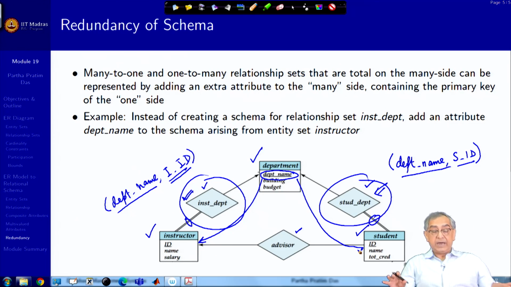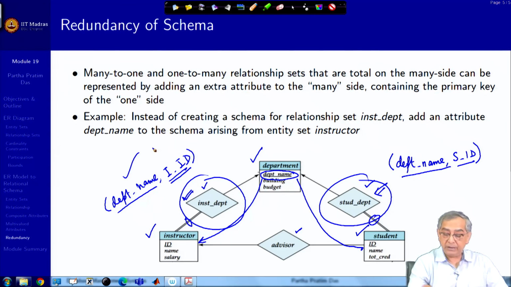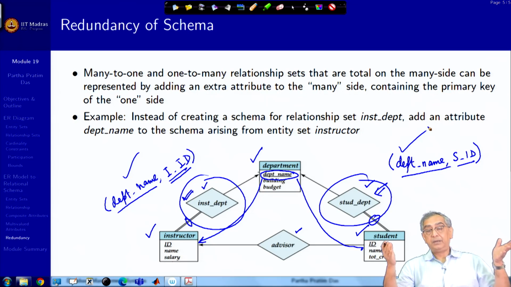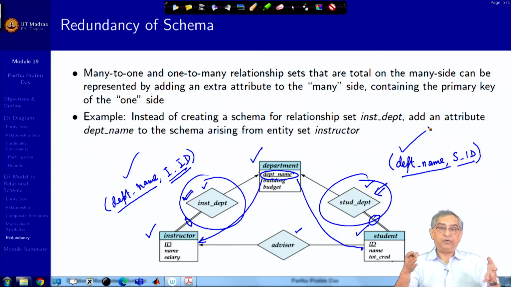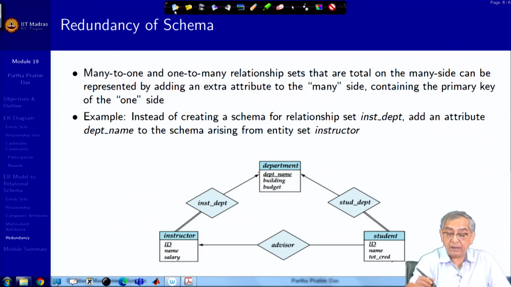So, I can just extend the instructor and student entity sets or relationships by an additional attribute department name and get rid of these two relationships, which will be two different tables like this altogether, reduces my overhead of doing traversal join of relationships in answering the query.